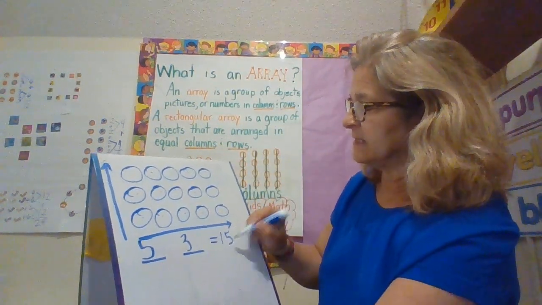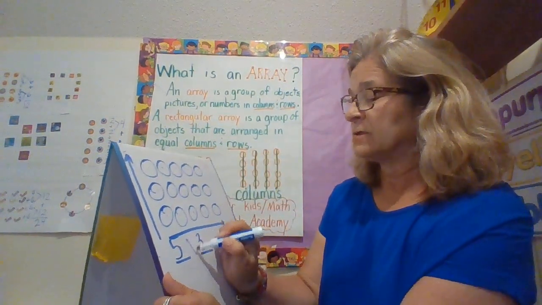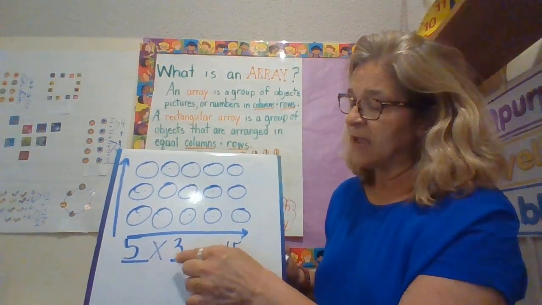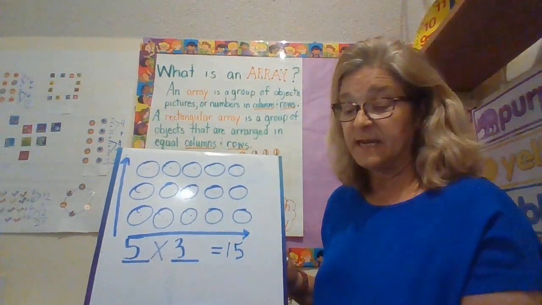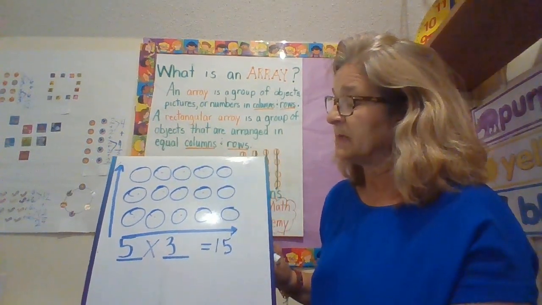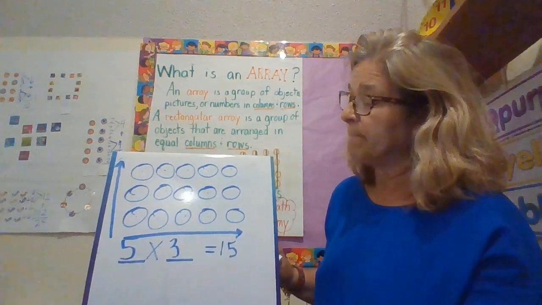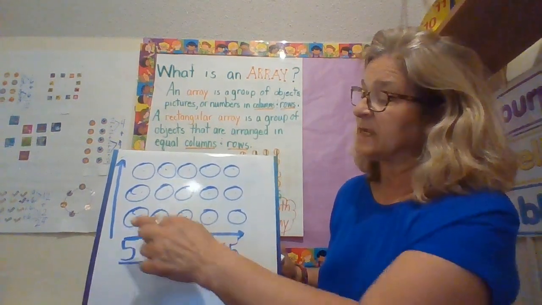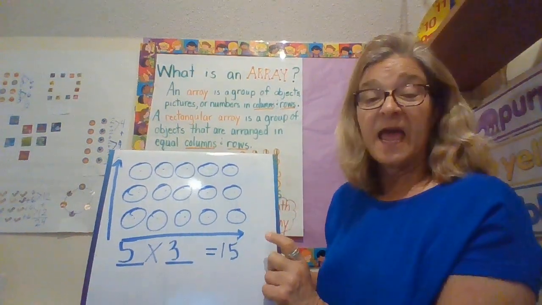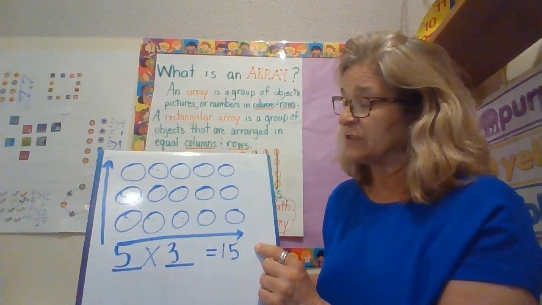But this does not show addition, it is multiplication. So 5 times 3 equals 15. So if we are looking at this as a multiplication problem, we can count by 5s 3 times. 5, 10, 15, and that equals the answer, which is 15.